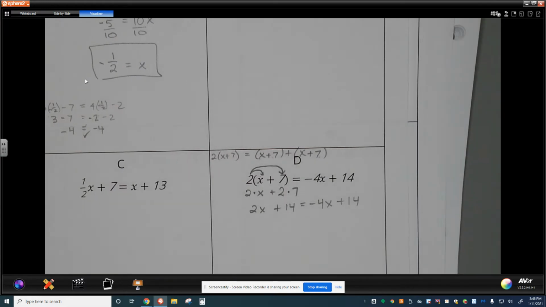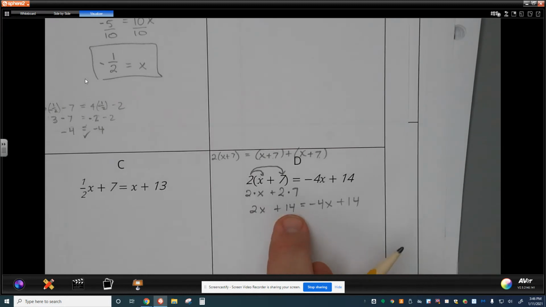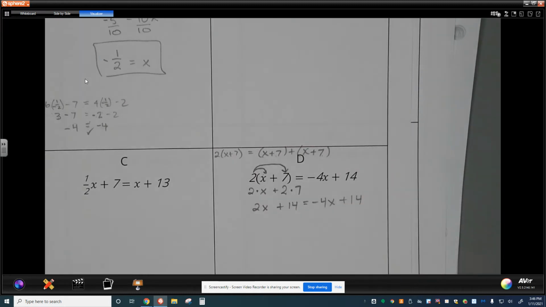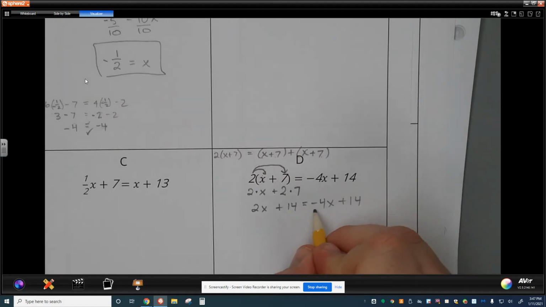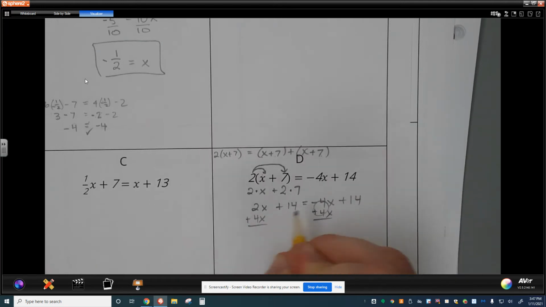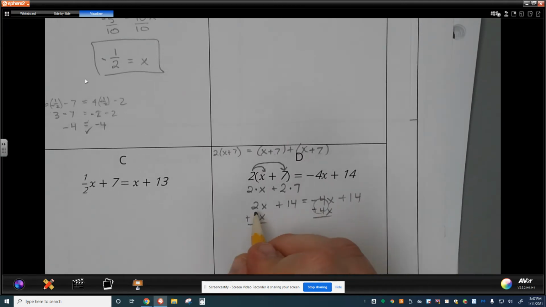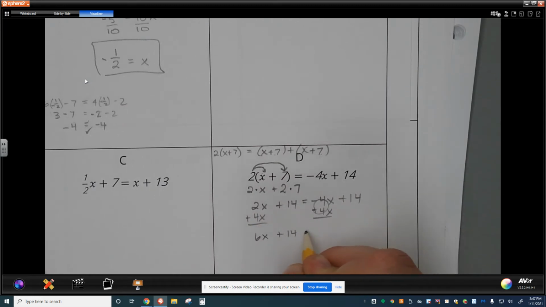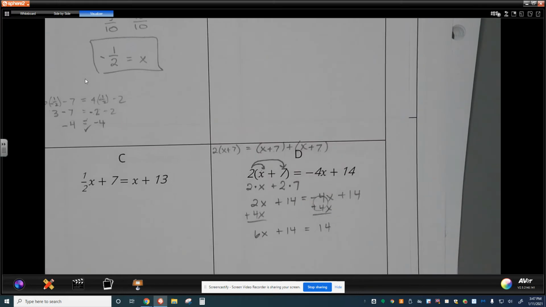The next step, as we talked about before, we can go in just about any order. We have 4 terms here, which means we have 4 different directions we can go. We could add 4 times x here. This is my preferred method. 4 times x here to be able to eliminate that term. And that gives me 6 times x plus 14 is equal to 14.